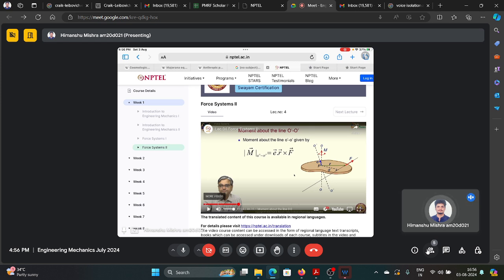So the thing is, if you change the axis from O to O dash, the R vector will change, but it will definitely not be a scalar quantity. It should be a vector quantity. So something here may not be correct.